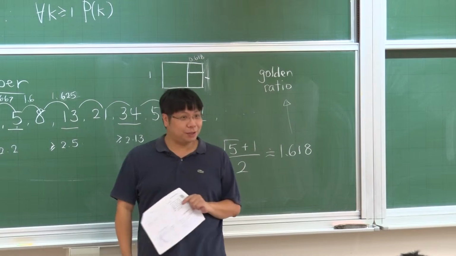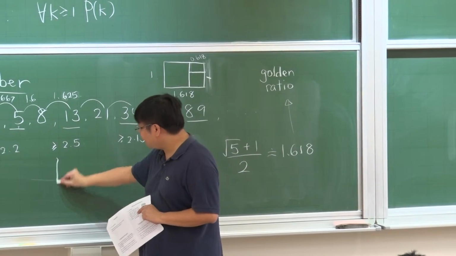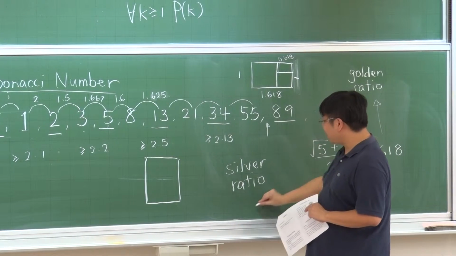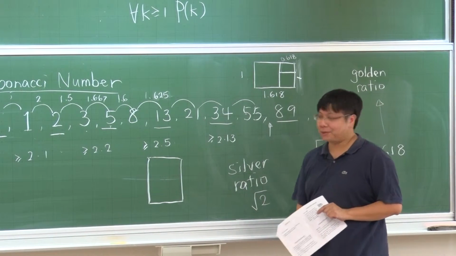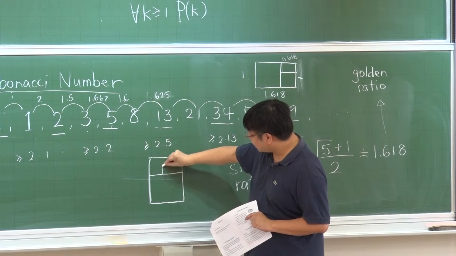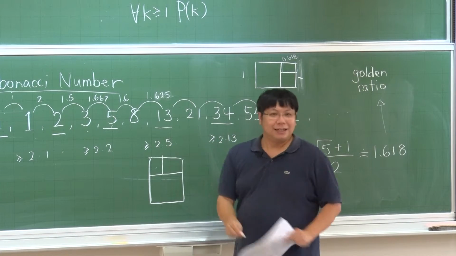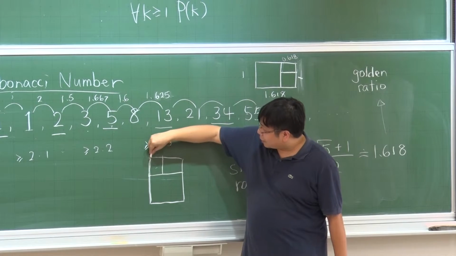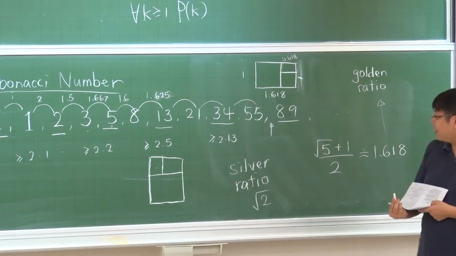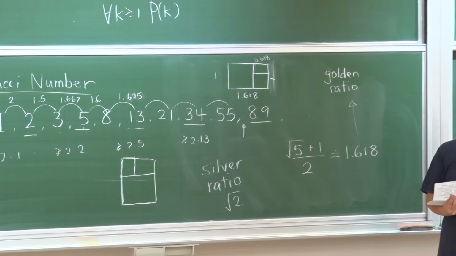The silver ratio is when you cut 2 squares and then you get the same shape. So what is the silver ratio? It is square root 2, the magic number square root 2. You cut a square, and then you cut another square, and you get another rectangle with the same ratio as before. It turns out that the silver ratio is square root 2.